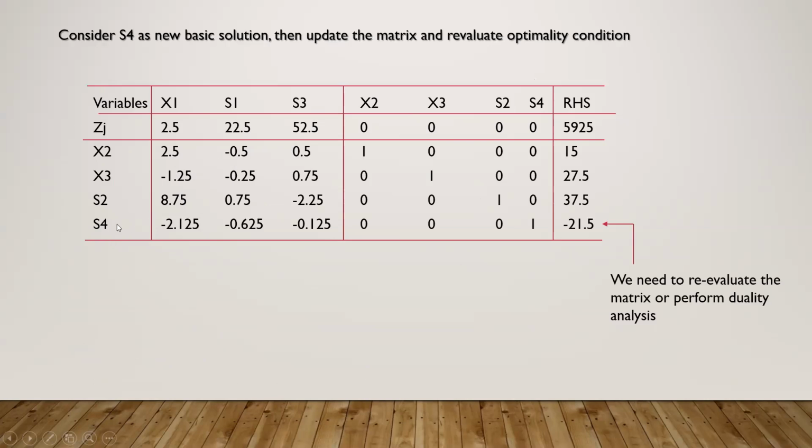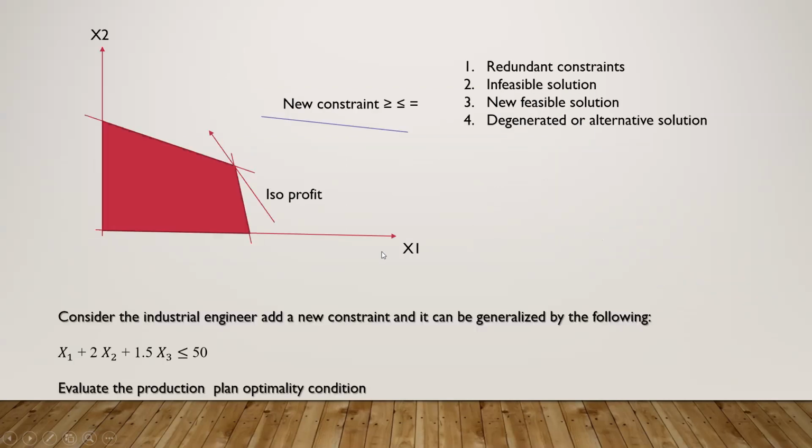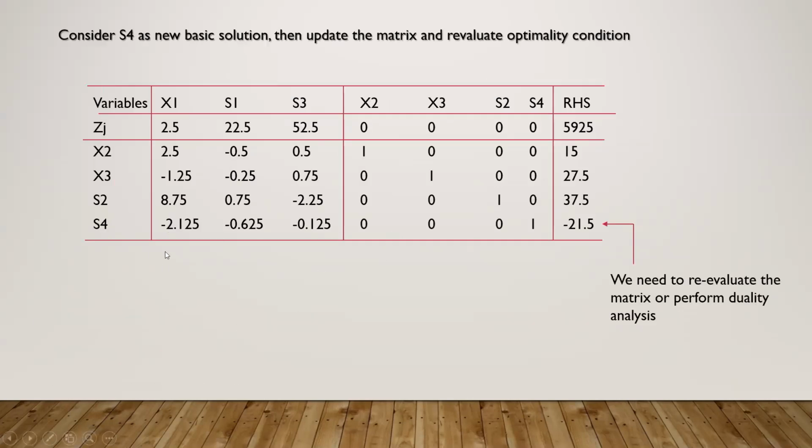This is the biggest step. When you reevaluate your matrix over here, you will add only a new row. Then you will check the right-hand side over here, and then you will evaluate it again.